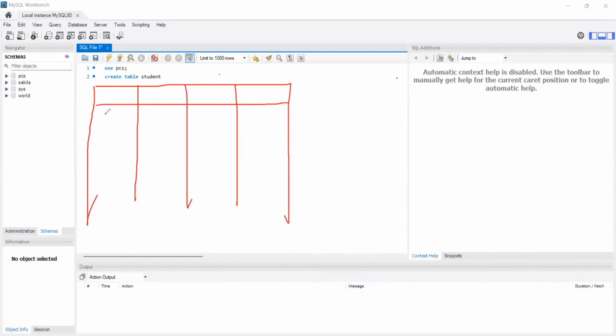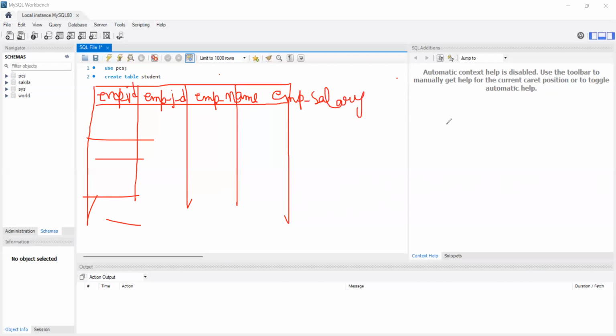Table, and there is so much data in there. This is, I think, employee ID, employee joining date, employee name, and then there will be employee salary.